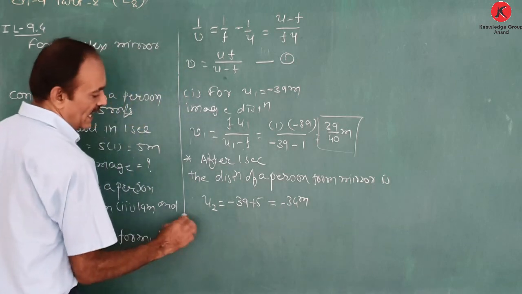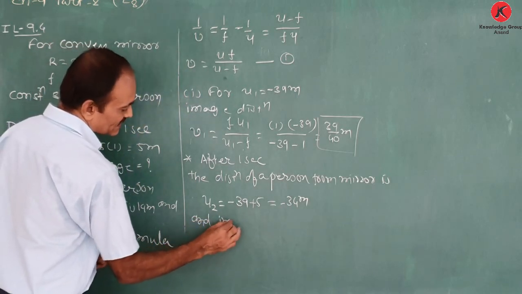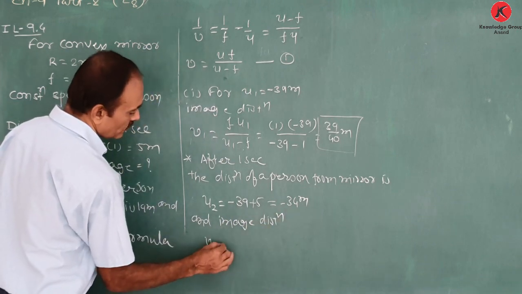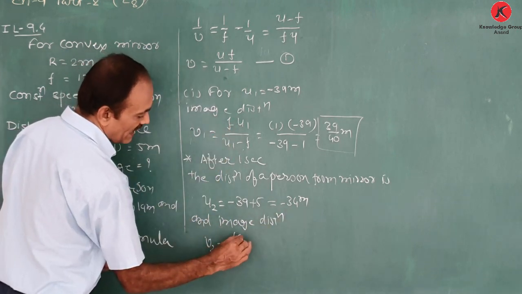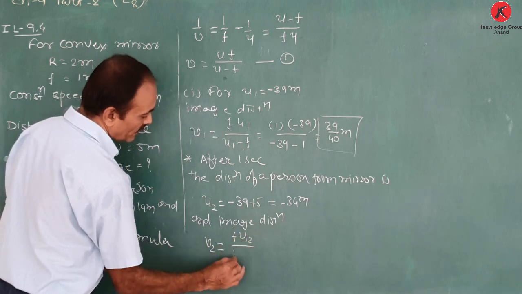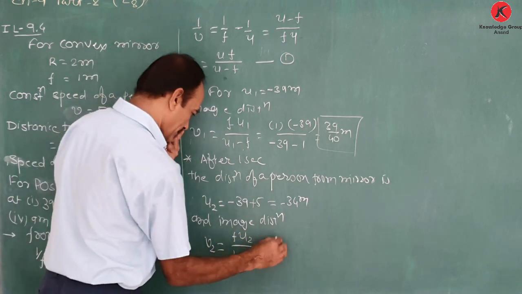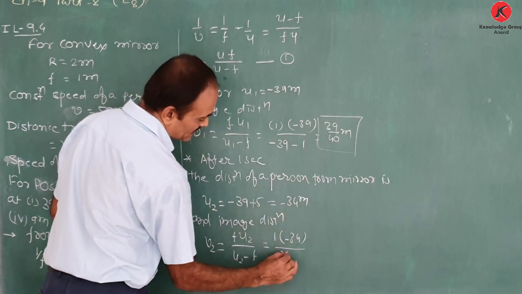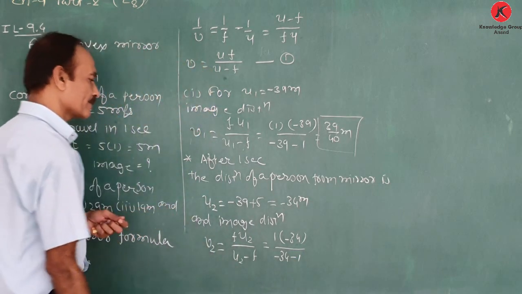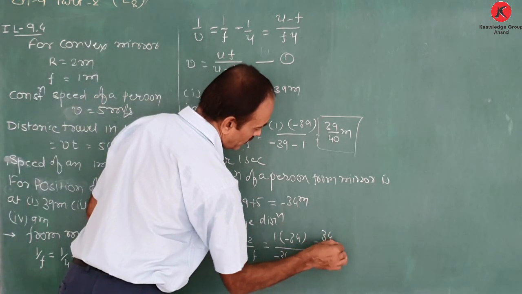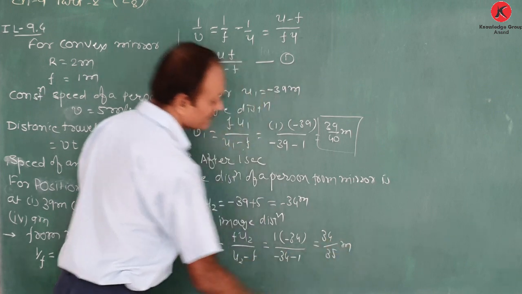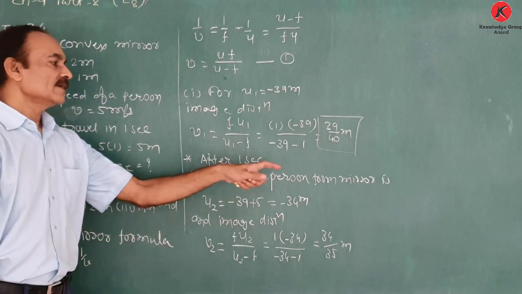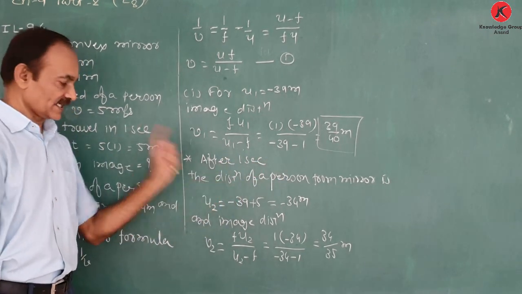And the image distance v2 is equal to, again from this equation, f u2 upon u2 minus f. F is 1, u2 is minus 34 upon minus 34 minus 1. Therefore, 34 upon 35. That is the image distance after 1 second.